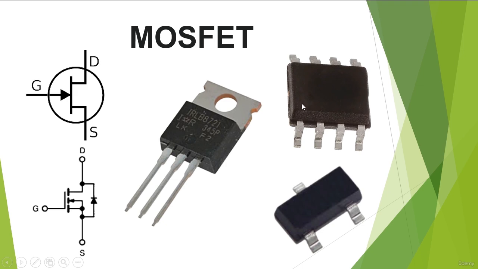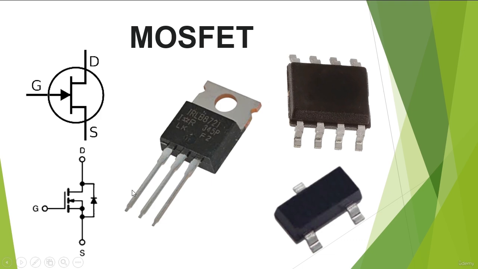Always, when you find a dot here, the dot means pin number 1, and then 2, 3, 4, 5, 6, 7, and 8. So the first, second, and third pins are connected together as the source, the 4th pin is for the gate, and the other 4 pins are connected together for the drain.